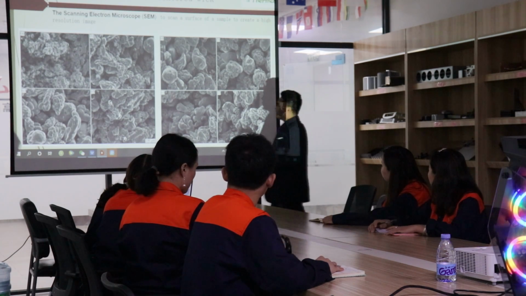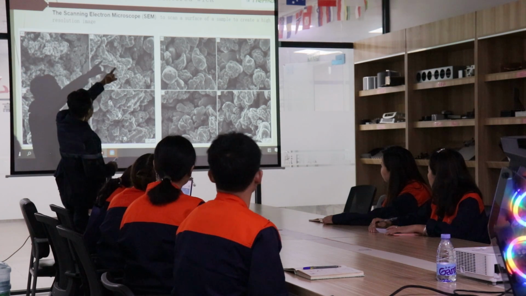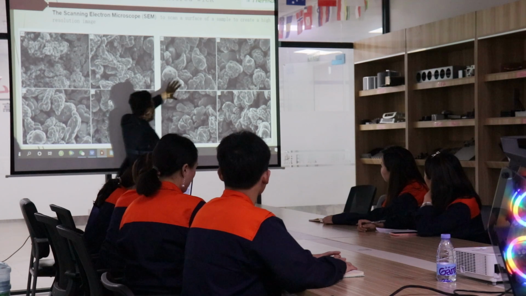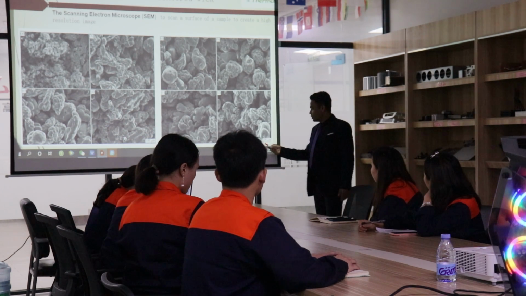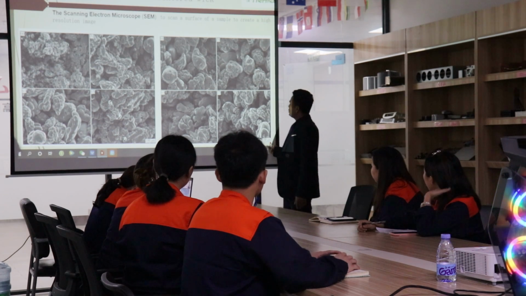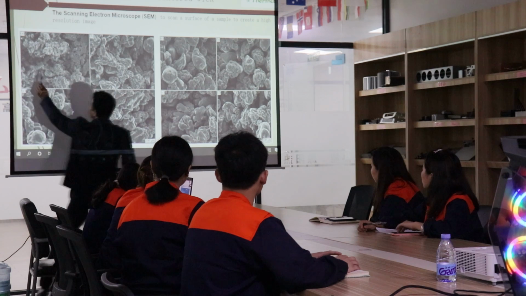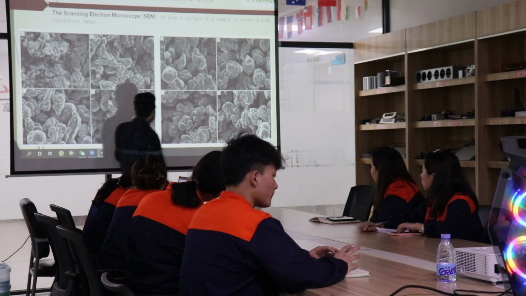And next, I show you the wick structure inside the heat pipe. With scanning electron microscopy, you can get this picture. This photography can show us the different sizes. This is 100 micrometer, and this is 50 micrometer. This is 100.